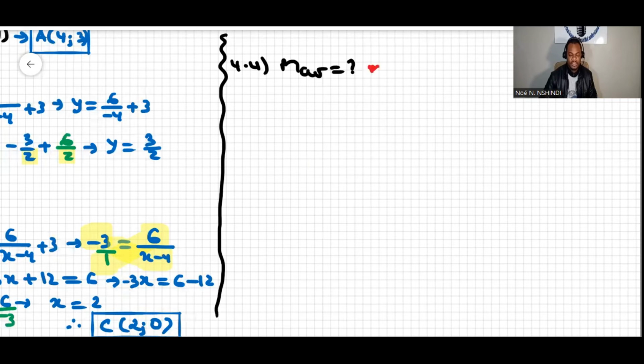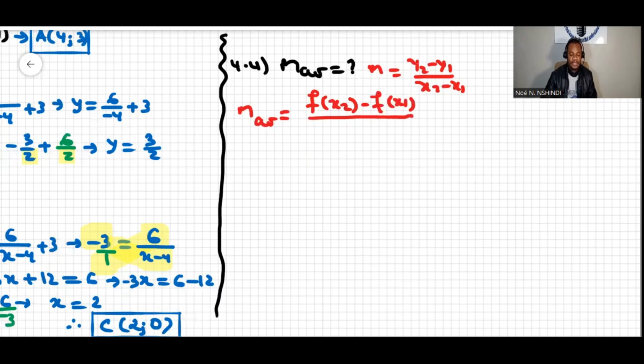It's similar to saying y2 minus y1 over x2 minus x1, but usually it is written like this. M average will be f of x2 minus f of x1 over x2 minus x1.